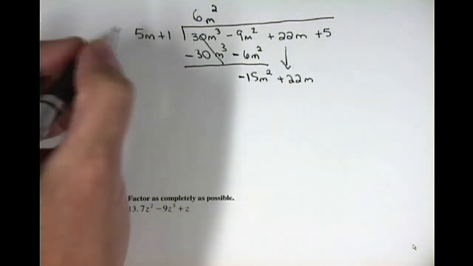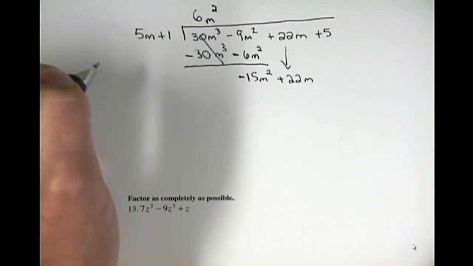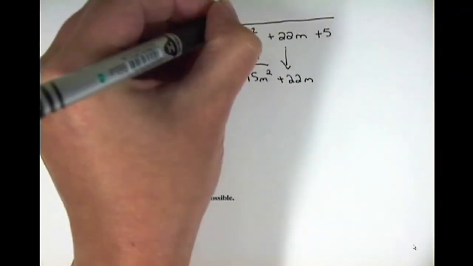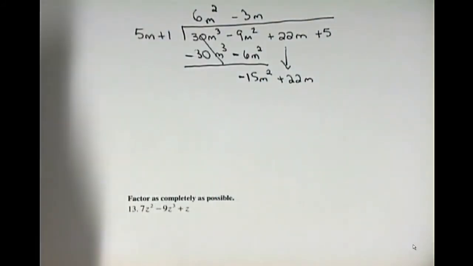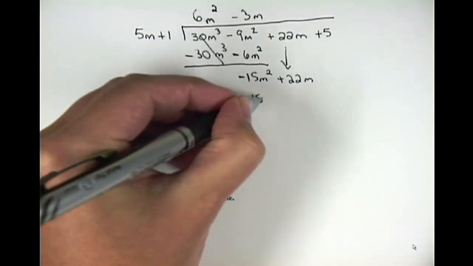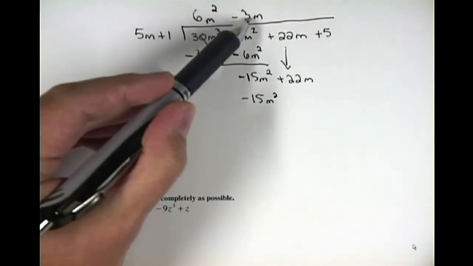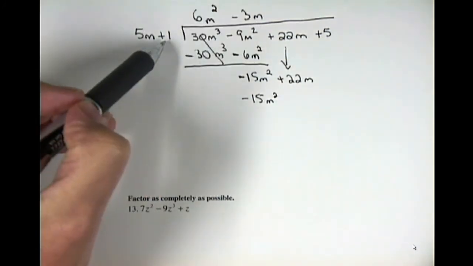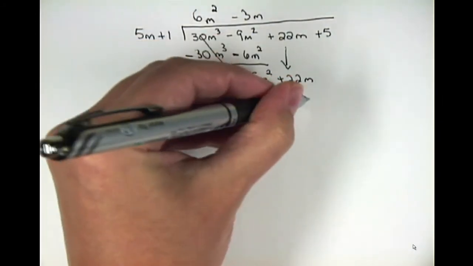And now we want to say, well, what times 5m would give me negative 15m squared? And the answer to that is negative 3m. Multiply. Negative 3m times 5m is negative 15m squared, and negative 3m times the 1 is negative 3m.